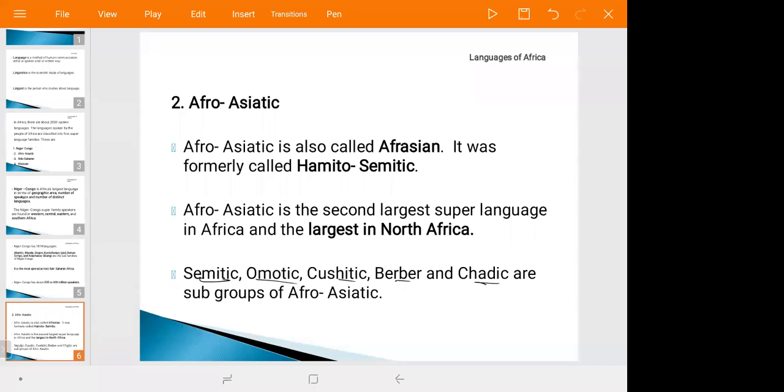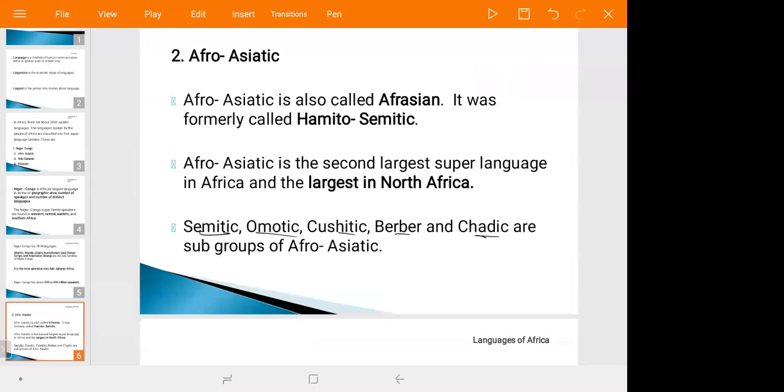Then Semitic, we have Tigray, Guraginya or Amharic. Then for Omotic, most languages of southern Ethiopia. So the subgroups of the Afro-Asiatic dominate the speakers of Ethiopia, or most Ethiopians speak either of the language families of this Afro-Asiatic. Am I clear?